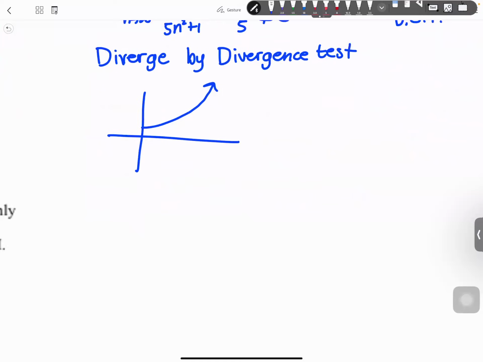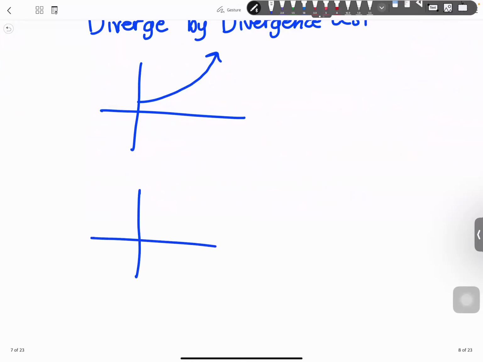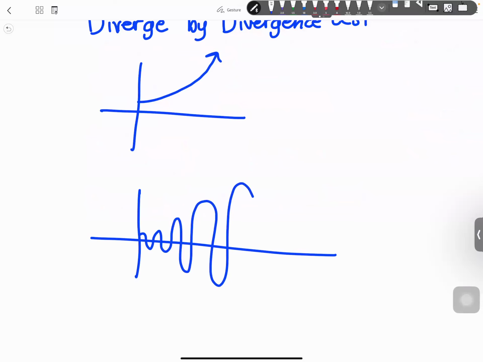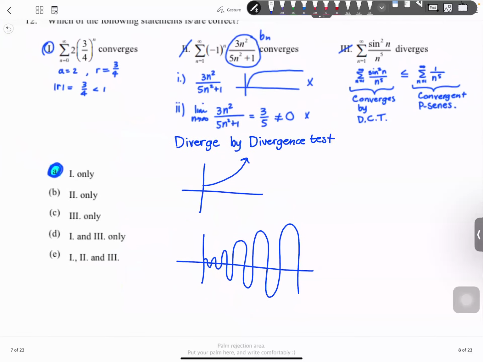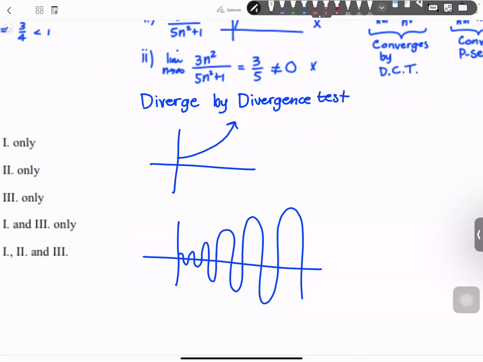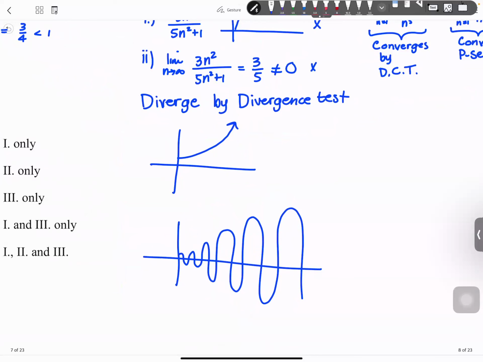So if you now put an alternating component on that, what is it going to do? It's going to do this. Does that converge? Definitely not. It's not going to alternate between negative and positive 3/5. It's probably going to blow up. Eventually, yeah, eventually it will alternate between those two. Okay.